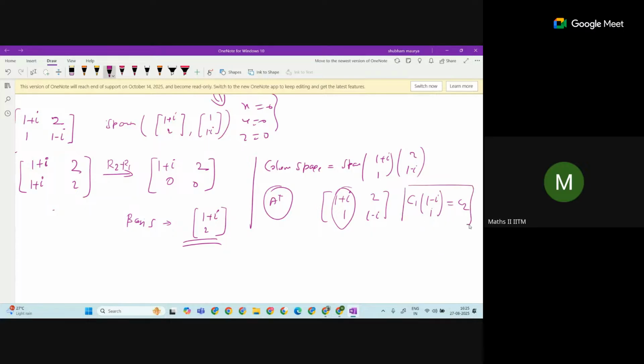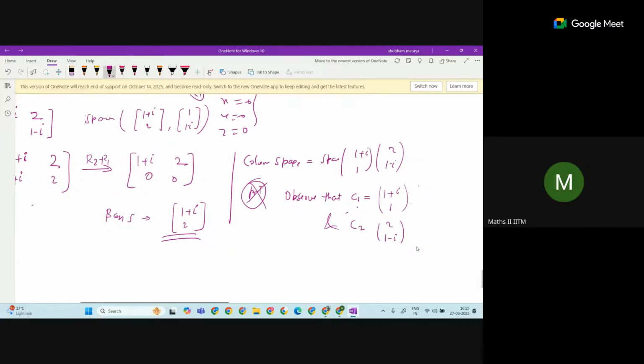If you write it like this, then from that you can state the basis for the column space. In a subjective answer, you can write directly, even without doing the transpose or other operations: observe that column 1, which is 1 plus i and 1, and column 2, which is 1 minus i.